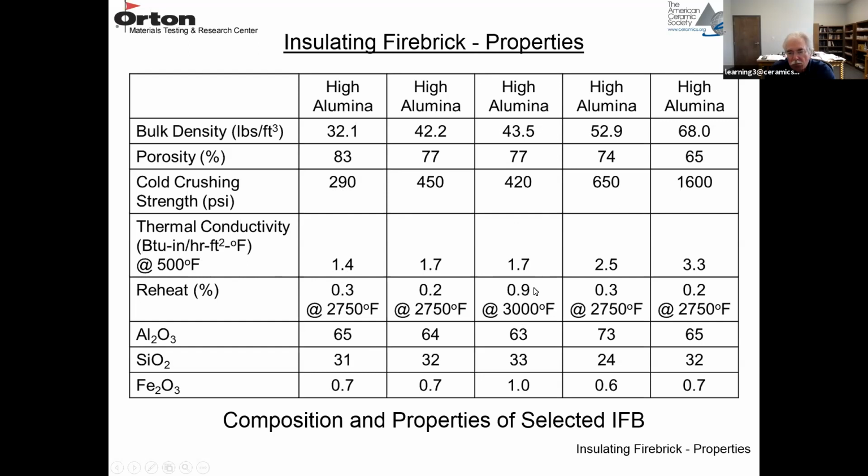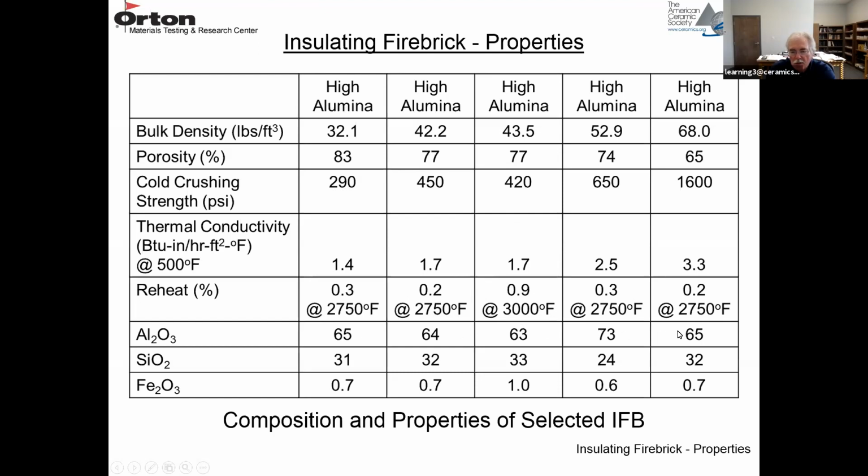And the reheats are at a whole range of temperatures here, 2750 up to 3000 degrees F. And basically a reheat less than 1% is excellent, less than 2% is still good. So these are all less than 1%.